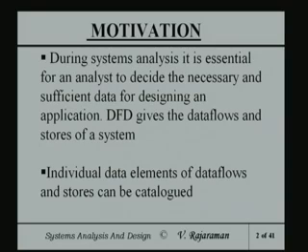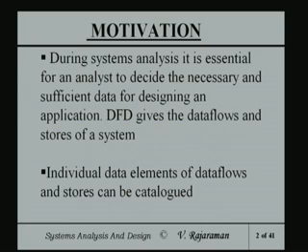So, during systems analysis it is essential for an analyst to decide the necessary and sufficient data for designing an application. Okay. So, this is obtained from the data flow diagram. Data flow diagram tells you what data enter a system, what are processed, what are in files, what are output and so on. Okay.